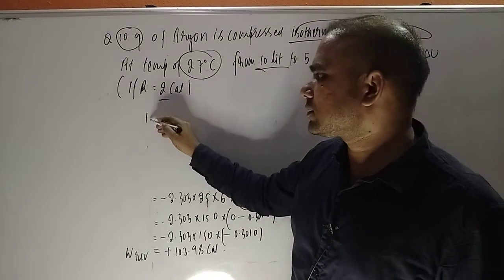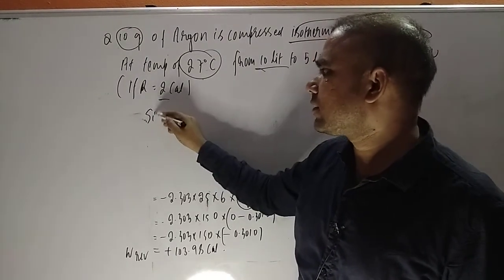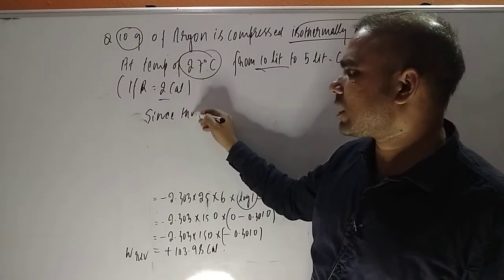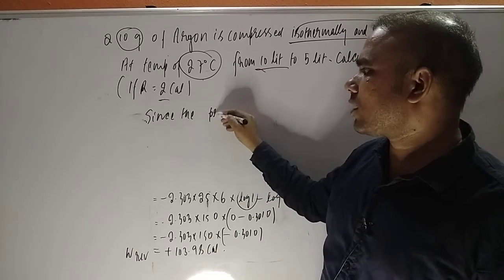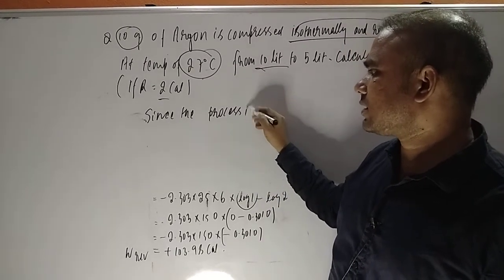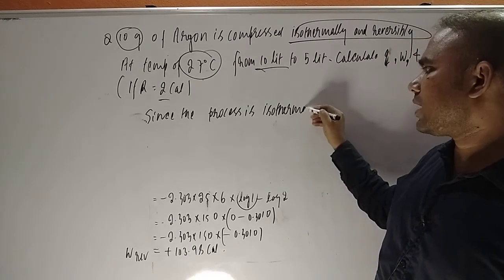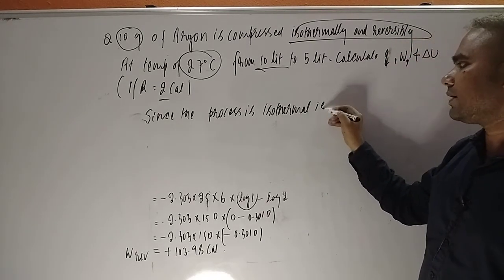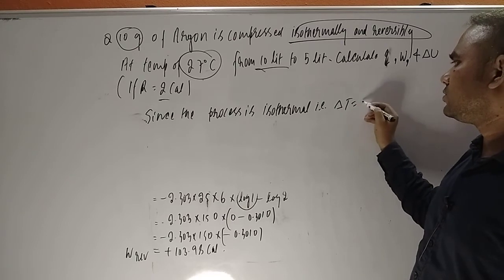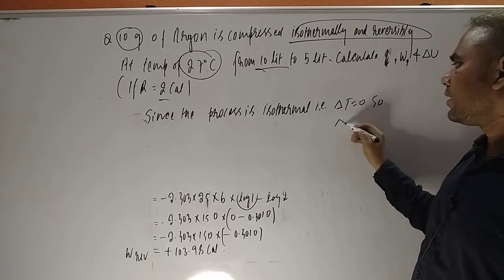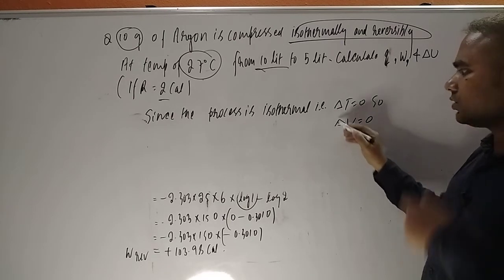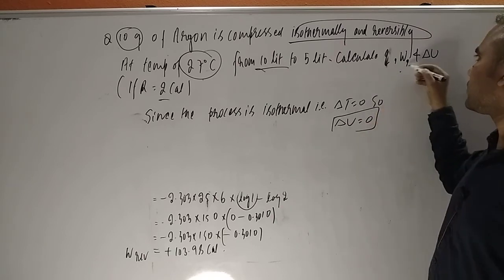Since the process is isothermal, delta T is equal to 0, so delta U is equal to 0.